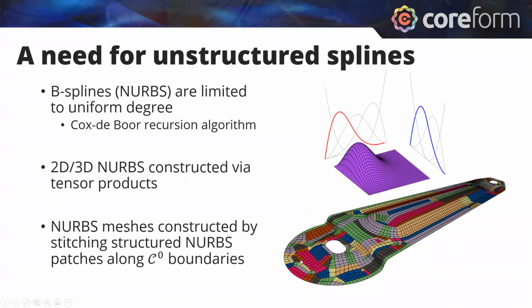Some of them don't maybe look exactly rectangular, but they're all rectangular patches. And at every interface between the colors, we would lose smoothness. They're going to be C0, and we lose that desirable smoothness property that we want to have. So we want a spline technology that's able to take this unstructured layout and build maximal smoothness into our basis if we can. And that's what we wanted to address with U-splines.